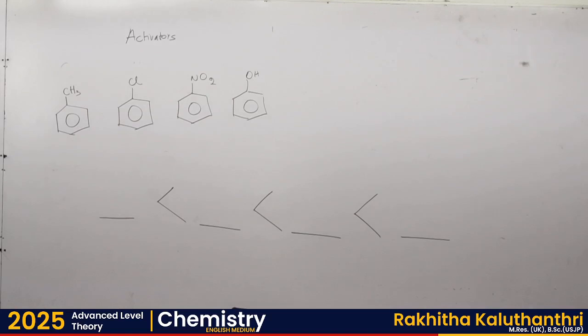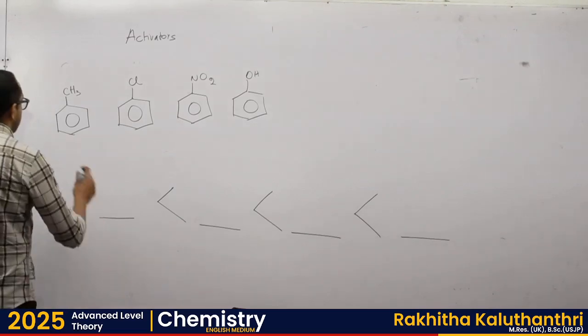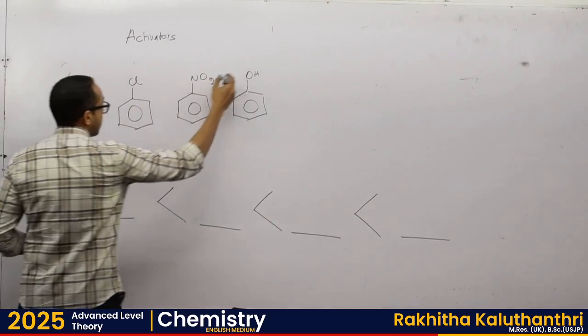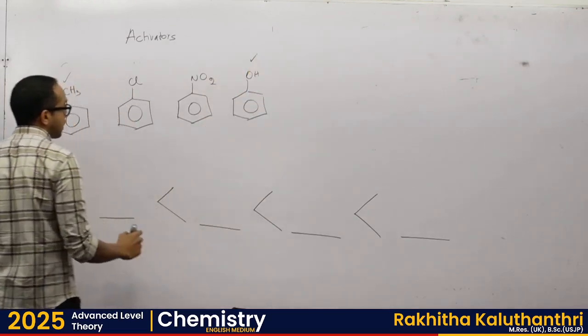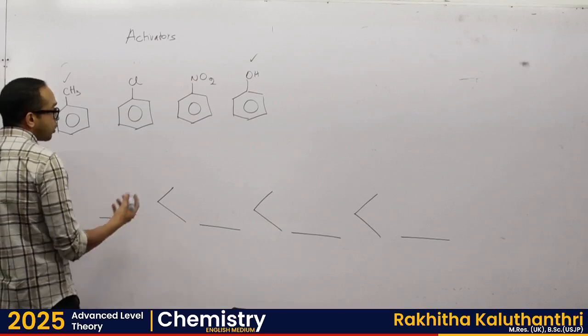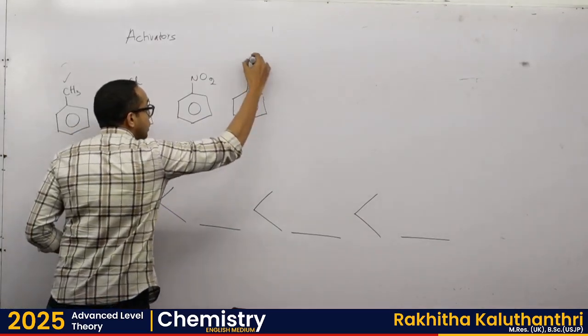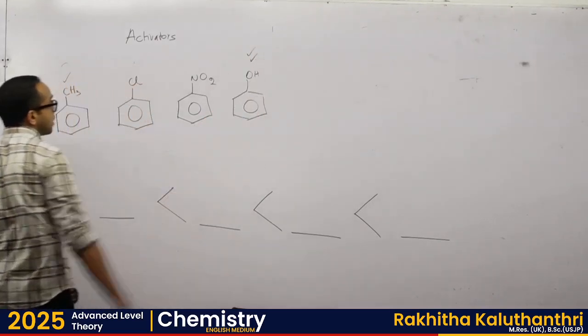Good. Right, children. So now we have identified that these two, CH3 and OH, are ring activators. But out of the two, OH is a very strong ring activator. So this one is a very strong ring activator.